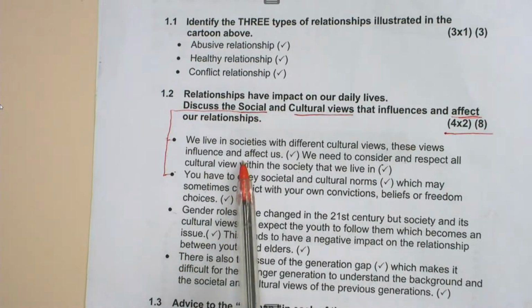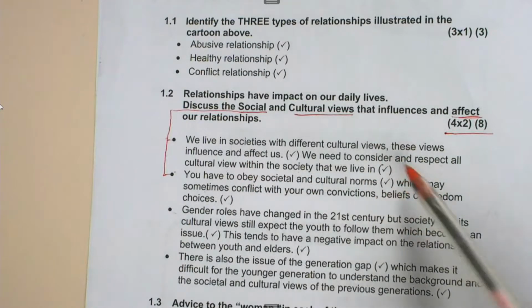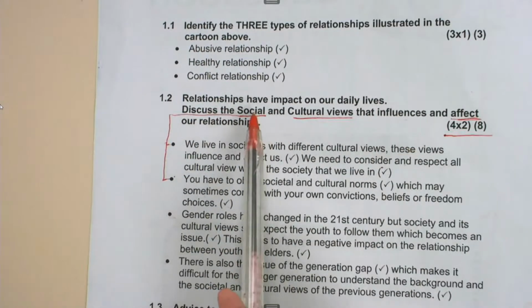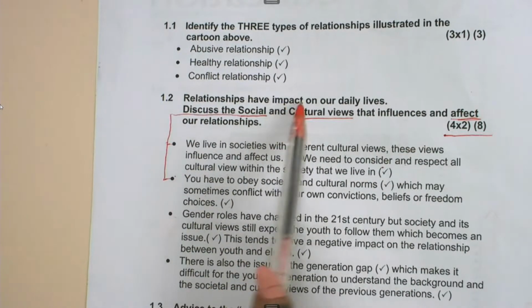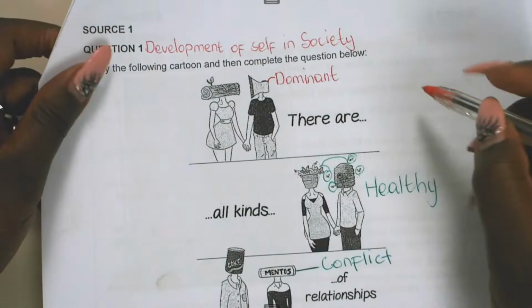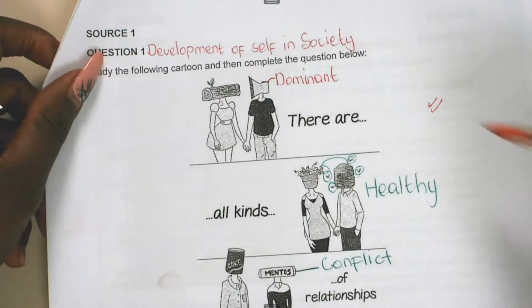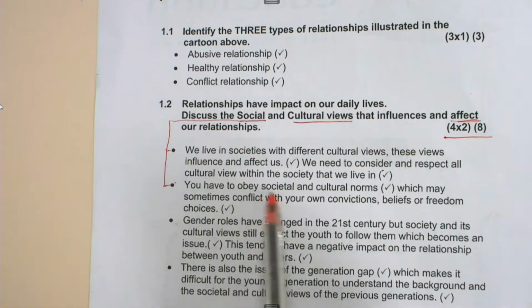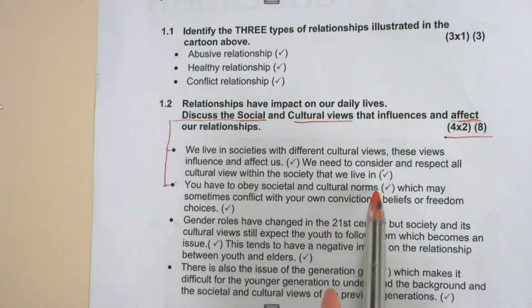If a learner has shown in their answer that it is related to the impact of these on our relationship, then you give that learner a mark. And remember, colleagues, we do not make, for example, a double tick. You need to mark where it is necessary. You have to obey societal and cultural norms.